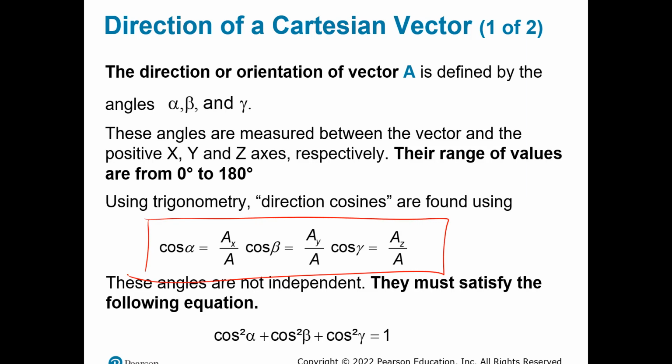We also need to know that these angles are not independent. They must satisfy the following equation: cosine squared of the first angle plus cosine squared of the second angle plus cosine squared of the third angle has to equal 1.